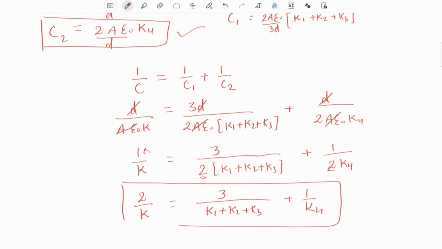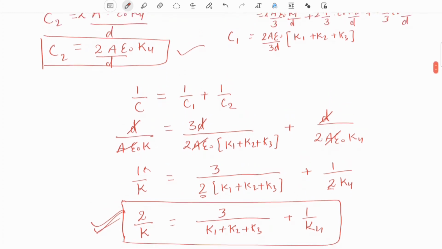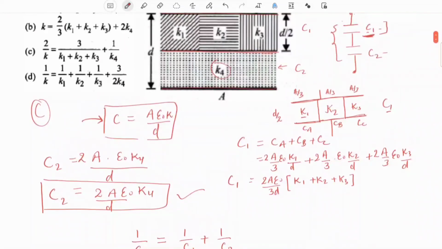This will be the value of the expression we are asked to find. So let's see which option matches our answer. Option number 3, or C, is matching with our answer. So this is the correct one.